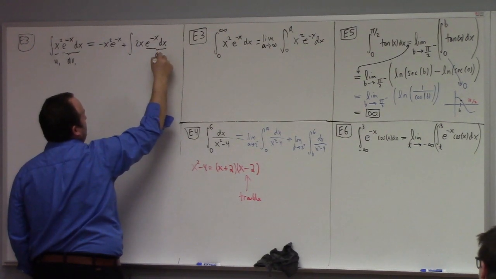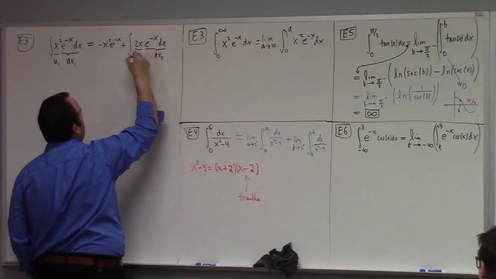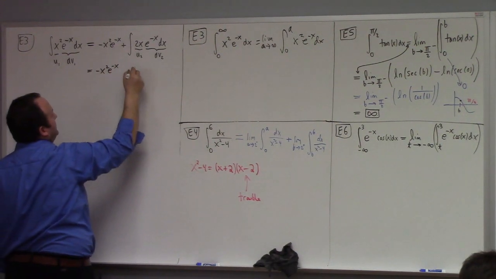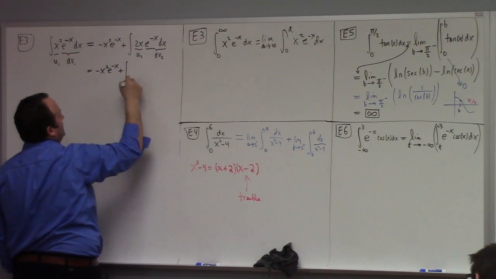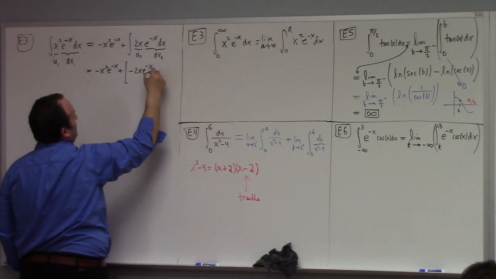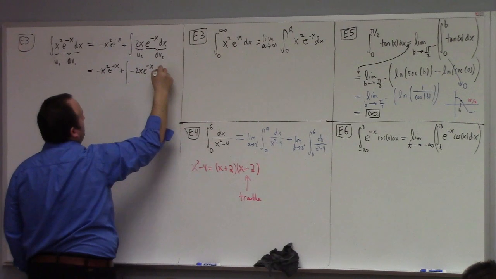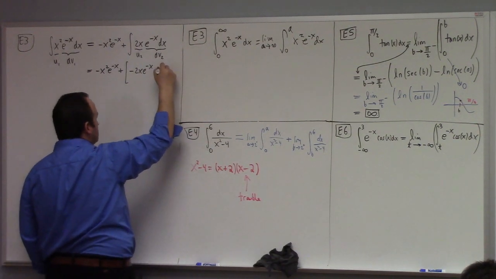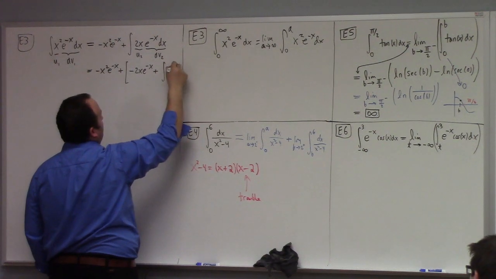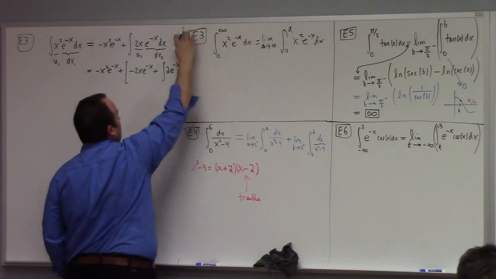This is my dv2, this is my u2, so I get minus x squared e to the minus x plus parentheses minus 2x e to the minus x plus, excuse me, the integral of 2 e to the minus x dx, if I haven't made a stupid mistake yet.